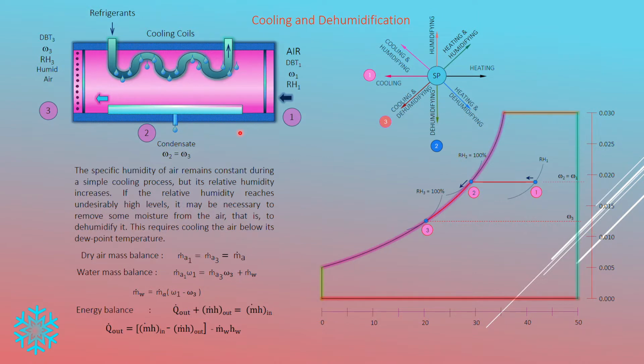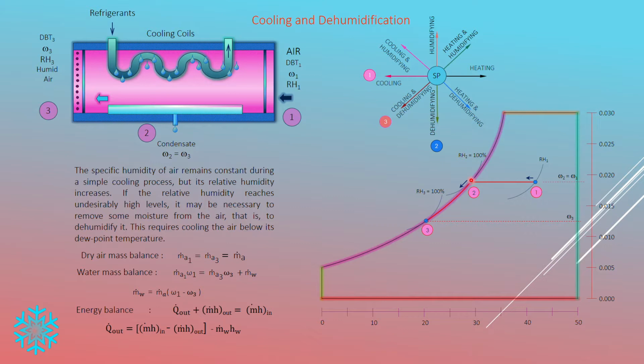Then you have cooling and dehumidification. You can see this part here, 1 to 2 is a cooling process. So 1 to 2 is constant omega, so it's a horizontal line until it touches this purple curve here, which has a relative humidity of 100%.